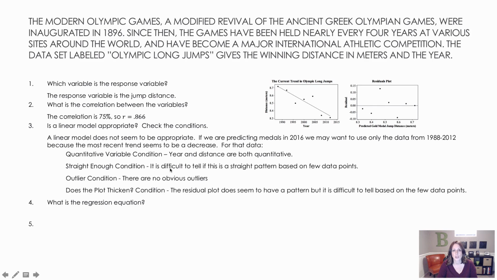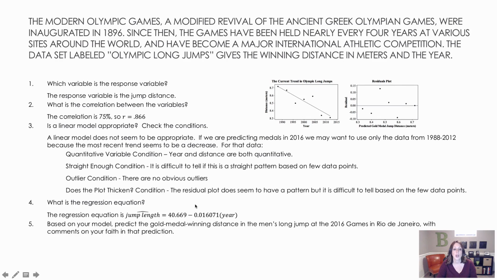It's difficult to tell if it's straight. The outlier condition, I don't really see any outliers. Does the plot thicken? Again, there's not a ton of data points here, so it's kind of hard to tell. We might be concerned about the fact that it sort of goes up here and comes back down. It's really hard to tell with so few data points. You can also create a residuals histogram, and if that's unimodal and symmetric, we can use that for our residuals as well.